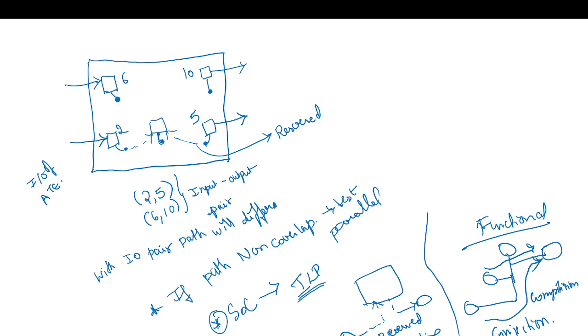But we reserve during the testing, which we don't perform during the functional operation. So in this case, the number of inputs is 2, which is 2, 6, and the number of outputs is also 2, which is 5, 10.